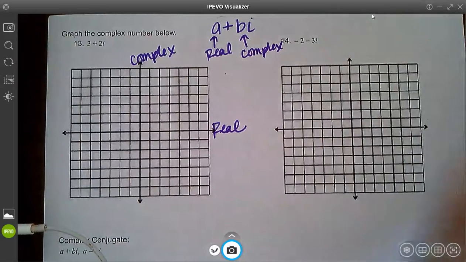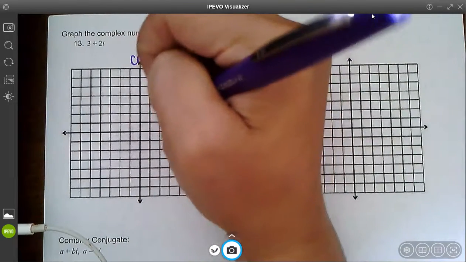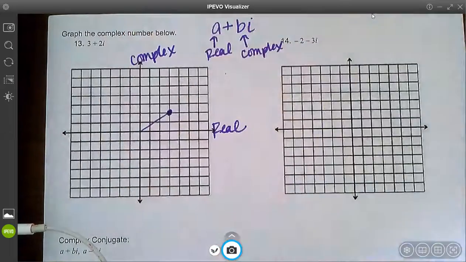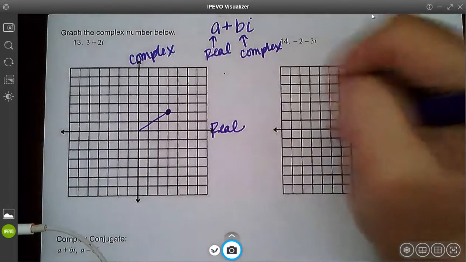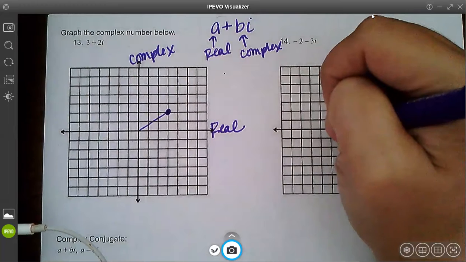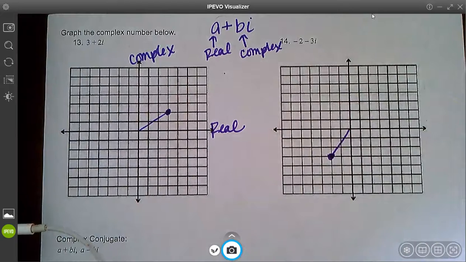So we're going on the real axis, positive 3, and on the complex axis, positive 2. Well, that is our graph. Next, we're going on our real axis, negative 2, and our complex axis, negative 3. And that's your graph. Not super difficult.